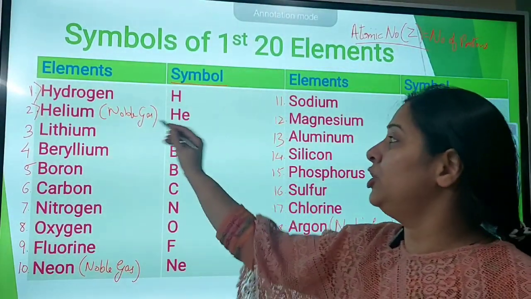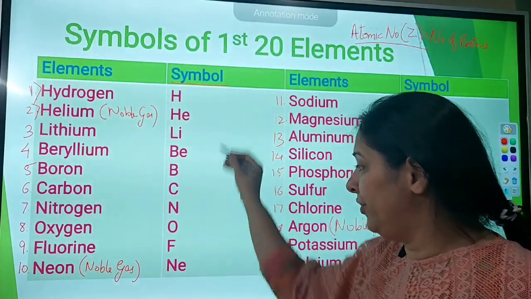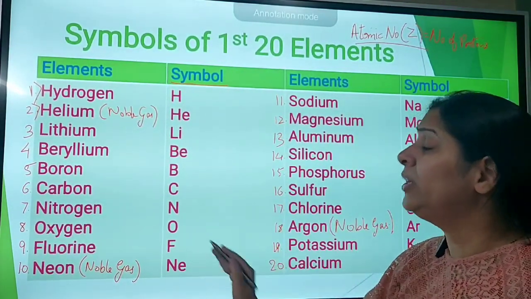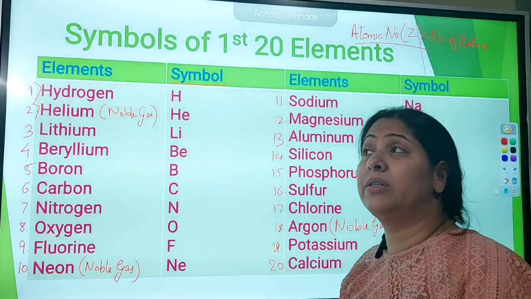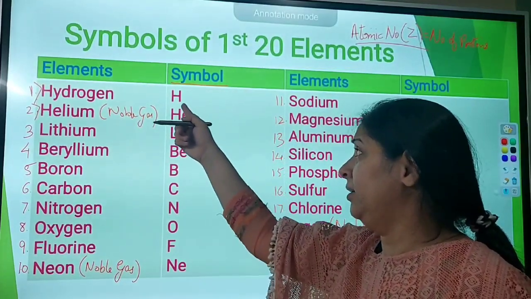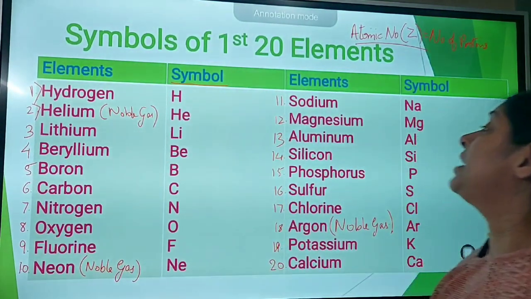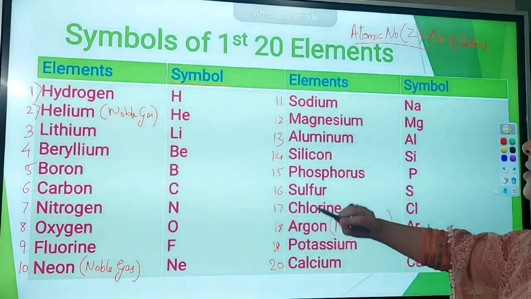Okay, hydrogen H, helium He, lithium, these are still good to go. The first 10 elements are still good to go. They start with their names. The first letter will depict the name of the element. But there are some different ones, like sodium.